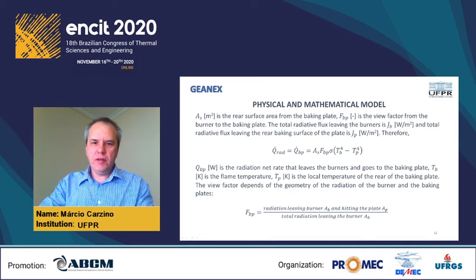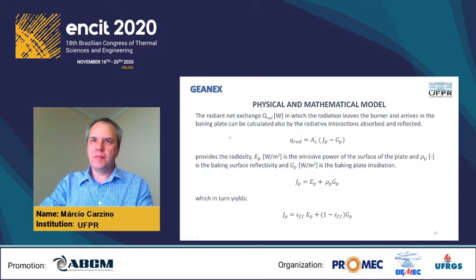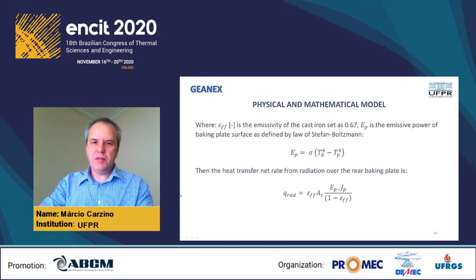The view factor is the radiation leaving the burner and hitting the plate divided by the total radiation leaving the burner. The radiosity of the plate can also be calculated from the emissivity of the cast iron, the emissive power, and the total irradiation on the plate. The emissive power of the baking plate is defined by the Stefan-Boltzmann law, and the difference between temperatures of the plates and the burners to the fourth power.